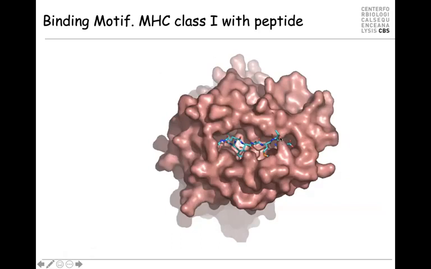The side chains are pointing into the binding cleft. And likewise, over here to the left, we have the C terminal, the 9th position, and again the side chain is pointing deep into the cleft. So again, you have this correspondence that the high information positions are the ones where the interaction is strong between the peptide and the receptor.